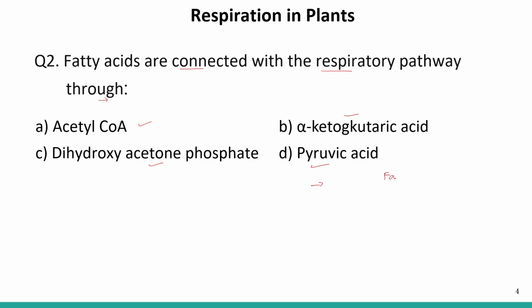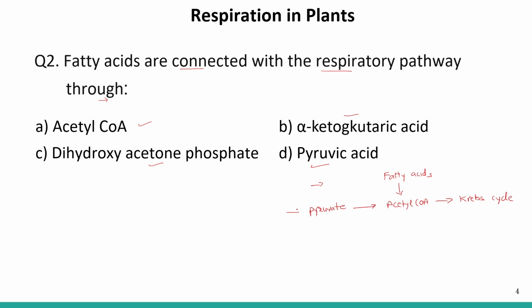So fatty acids form acetyl coenzyme A. Okay, now this acetyl coenzyme A can enter the Krebs cycle. Okay, acetyl coenzyme A is also formed from pyruvate.